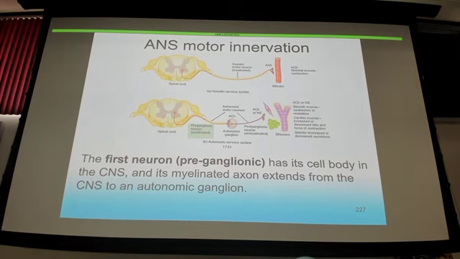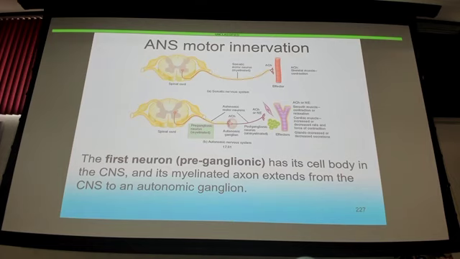Okay, yesterday we learned that autonomic motor neurons are found in the lateral gray horns, correct? That means that their cell body is there. Right? The neuron cell body is there. The fibers come out of that. So that's called the preganglionic neurons. So you would say preganglionic autonomic motor neurons, their cell body is going to be in the spinal cord, specifically in the lateral gray horn.